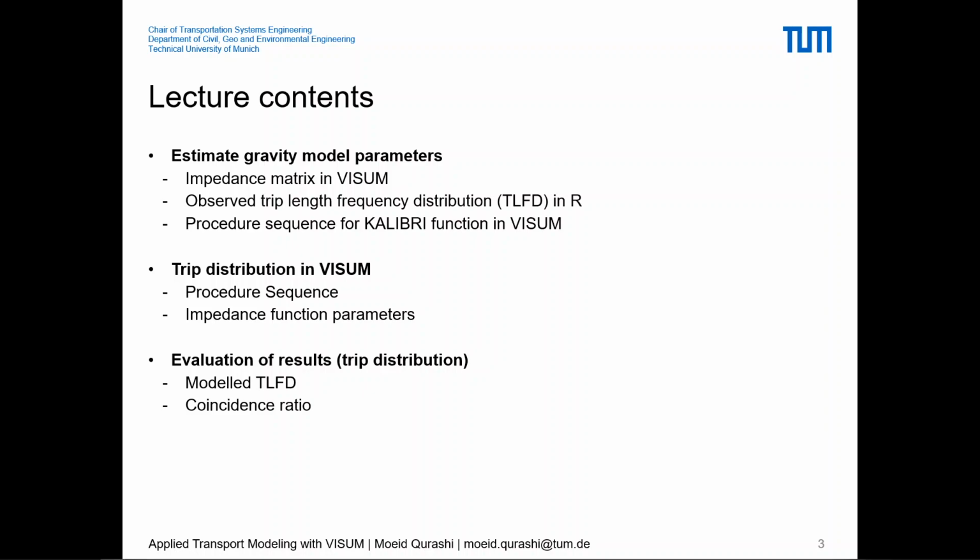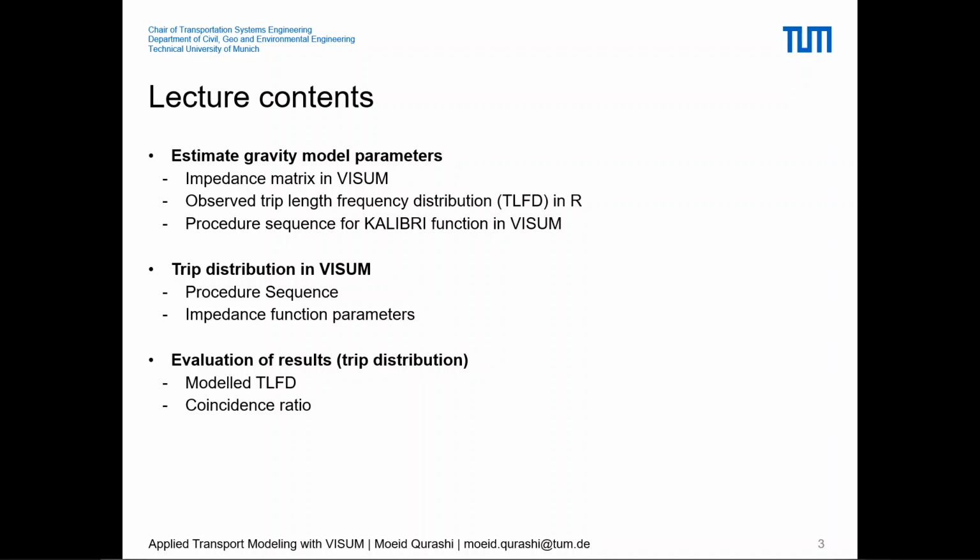In our case study, we have 24 zones, and in trip generation we got the productions and attractions for all 24 zones for a given demand group, like home-based work. In this step of trip distribution, we'll start from these trip productions and attractions and convert them into an OD matrix of 24 by 24, having in its cells all the trips from each zone towards all the other zones.